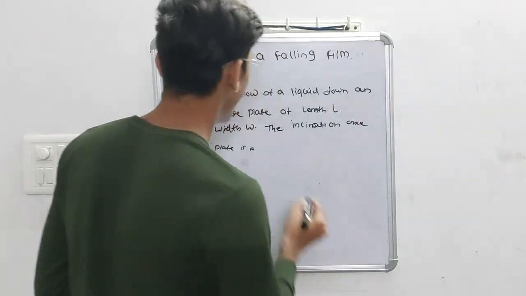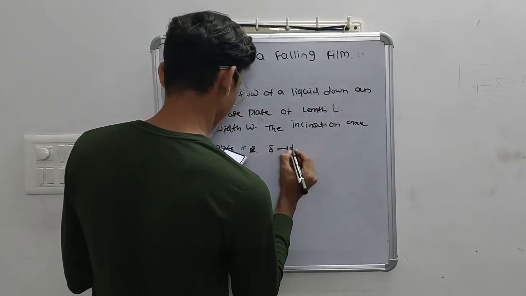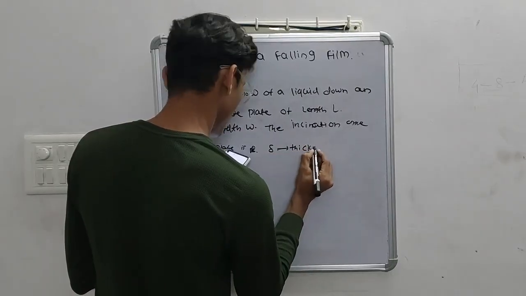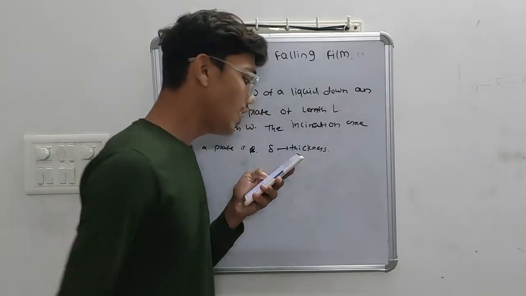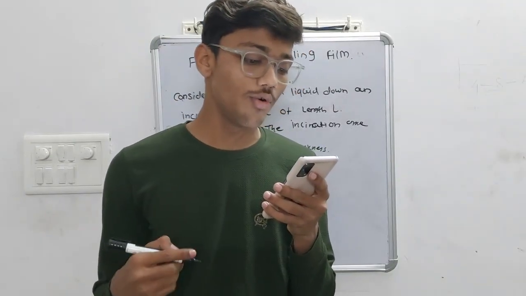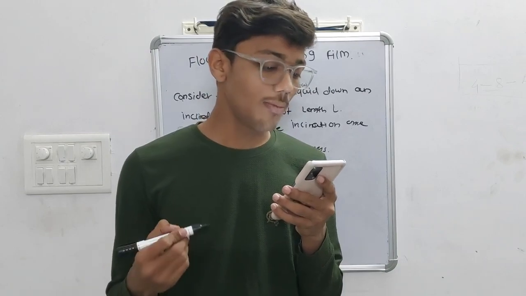This is delta. If delta is very small compared to L and W, derive the equation for velocity and momentum flux profile, and hence develop the equation for maximum velocity.